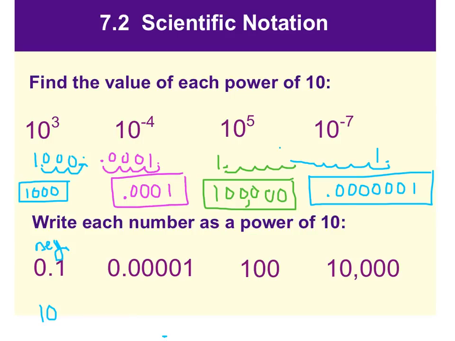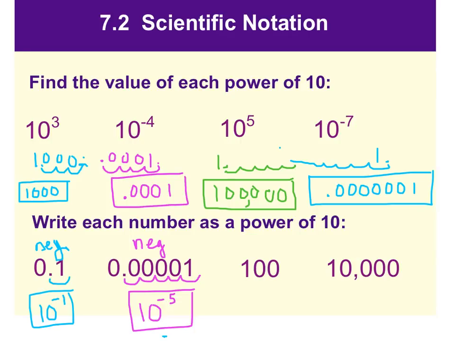So you just have to put the decimal back where it goes, right there, and that's moved 1 spot, so it's 10 to the negative 1 power. All right, our next one, we're going to write it as 10 to some power. Again, because it's a decimal small number, it's going to have a negative exponent. So we just have to get the decimal where it goes, 1, 2, 3, 4, 5, and see how many times it took to do that, so negative 5.